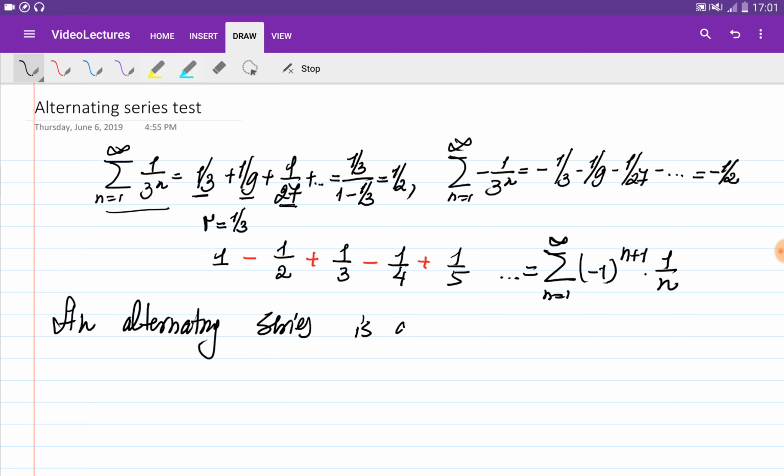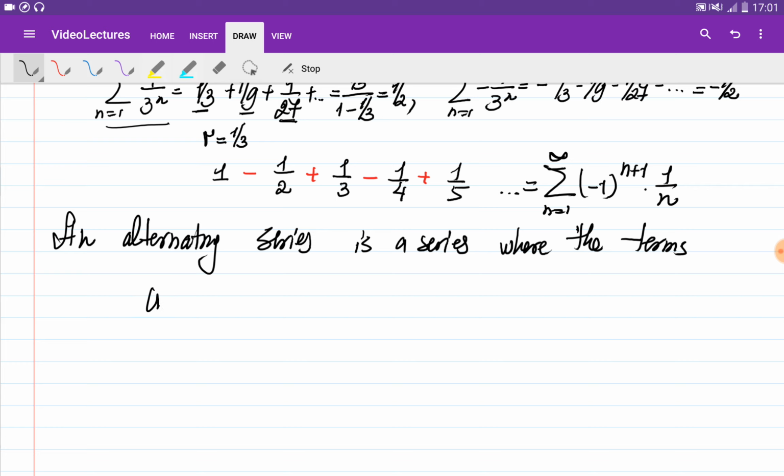An alternating series is a series where the terms alternate between positive and negative signs.